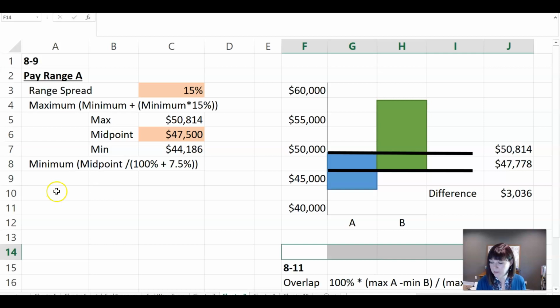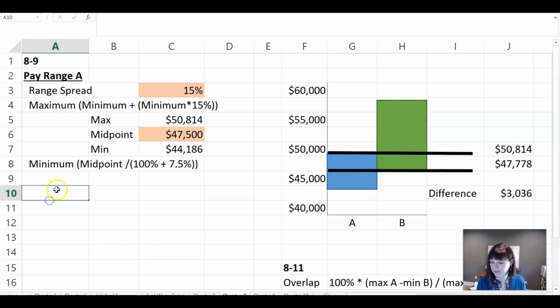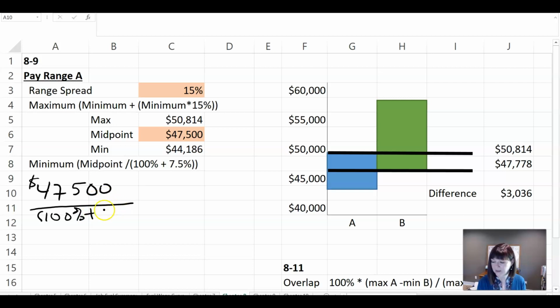We have the midpoint, 47,500, divided by 100% plus half of the 15%, which is 7.5. So it's that 15 divided by 2. And that's where I come up with the 44,186.